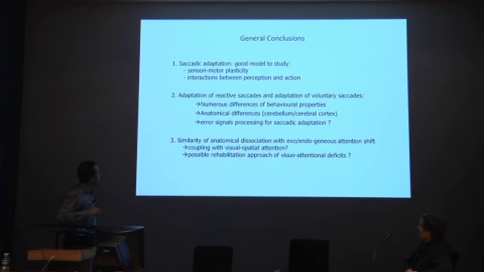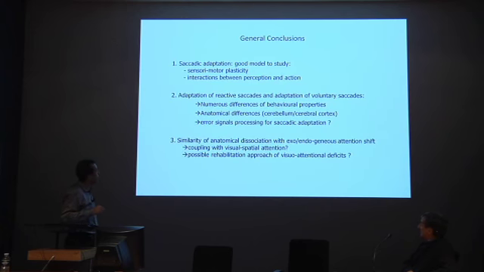And the third conclusion is something that I didn't stress so far, but it's quite interesting to remark that the anatomical dissociation that I pointed out between reactive saccade and voluntary saccade adaptation parallels the known anatomical dissociation related to the two types of attentional control.